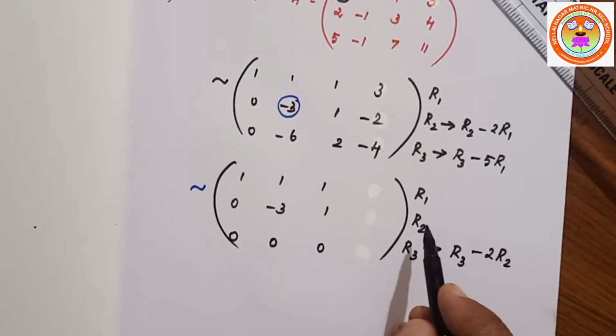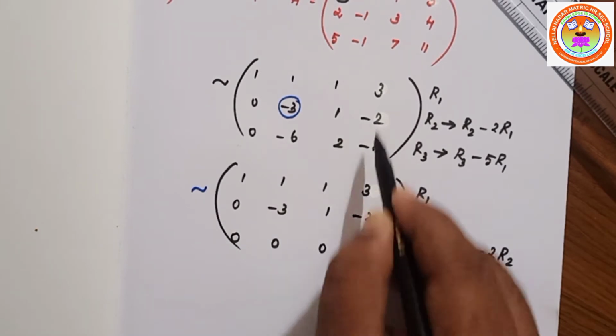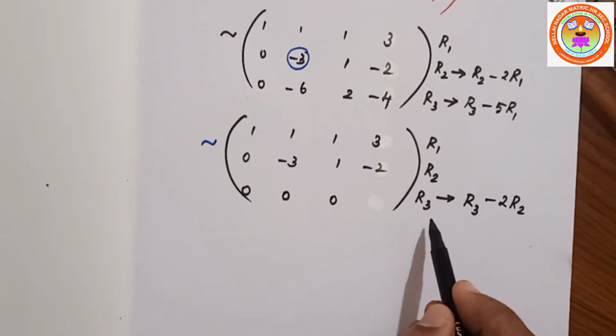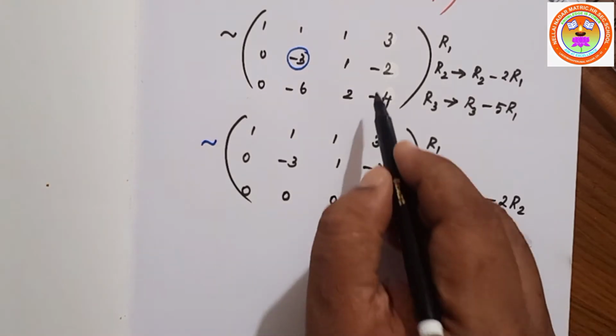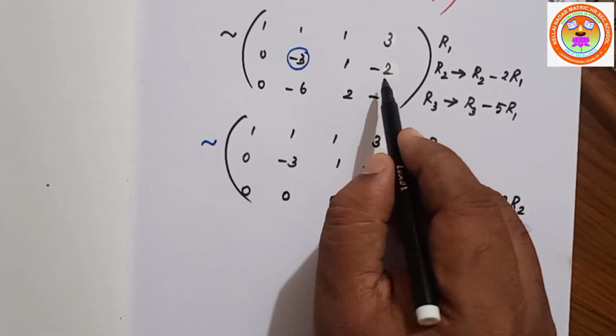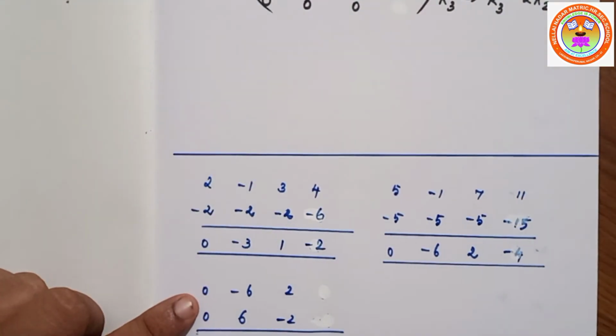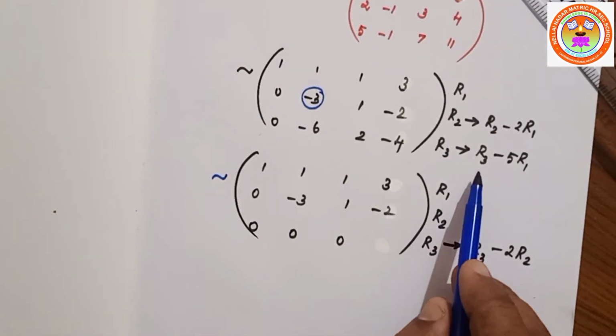Okay. So then R1 and R2 write as it is. Here 3, here minus 2. Now R3 implies R3 minus 2 R2. R3 we have to write as it is.